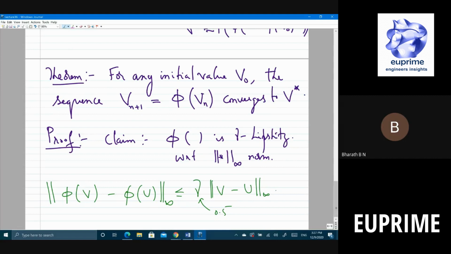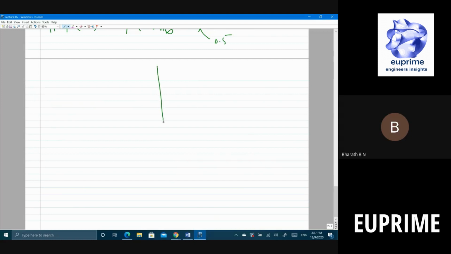If I write it in terms of a picture, if you change in the x direction by, let's say, delta, the change will be smaller than delta by 2. So a significant change in the x-axis results in a smaller change in the y-axis. That's what Lipschitz continuity is all about. Any questions so far?